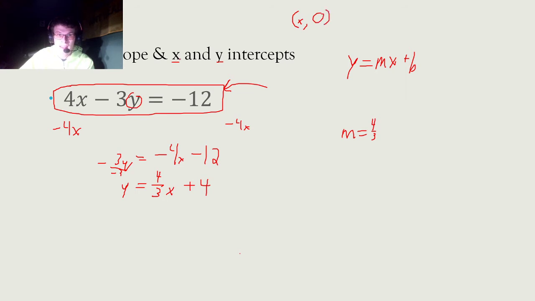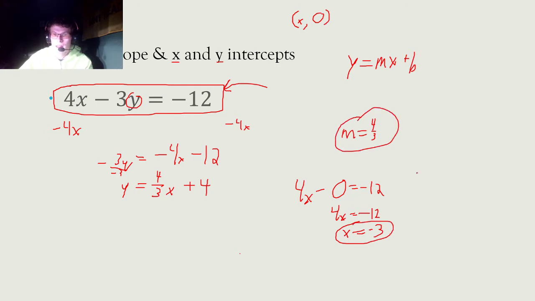So if you're finding the x-intercept, you just set y equal to 0. So 4x minus 0 equals negative 12. That means 4x equals negative 12, x equals negative 3. So there is my x-intercept, negative 3.